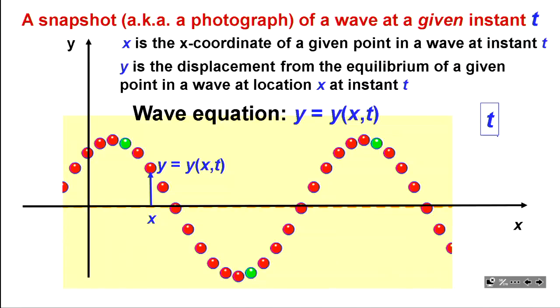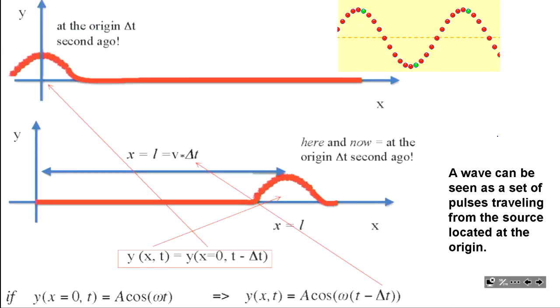A wave equation should describe displacement from equilibrium at any time, at any place of any wave particle. And to do that, we look at a single pulse. And we know that if we wait a certain time, the same pulse, which reaches a new location, still keeps the same profile, the same shape.